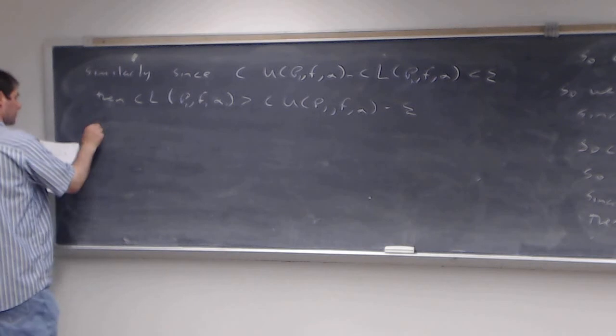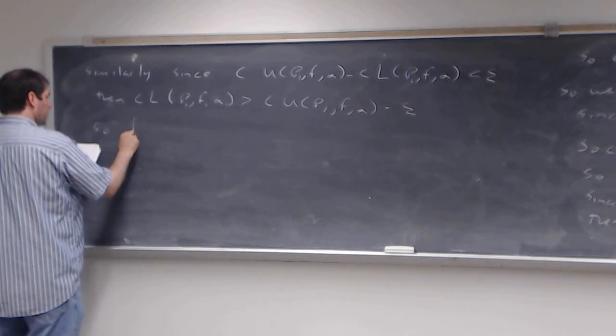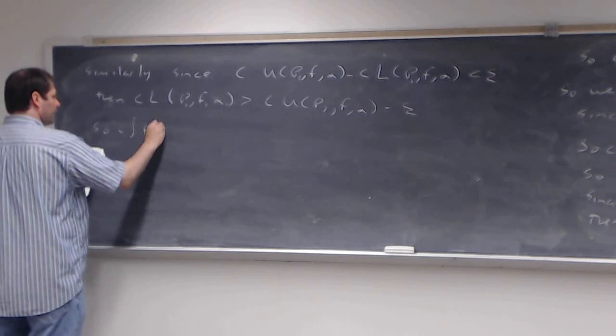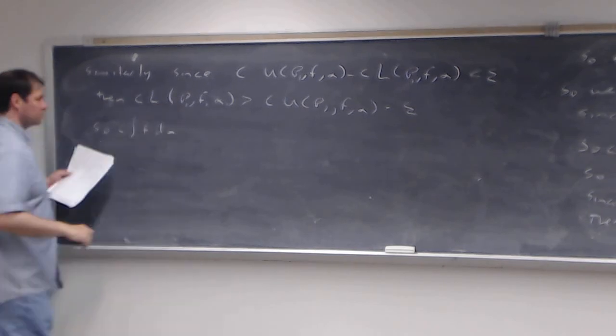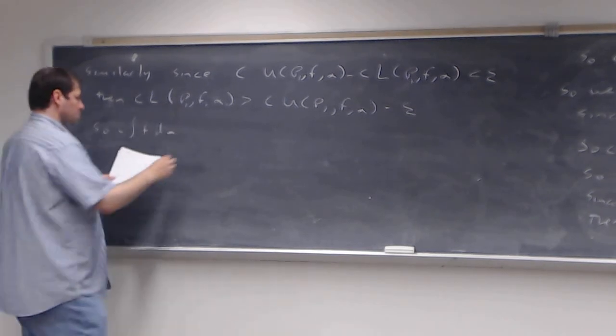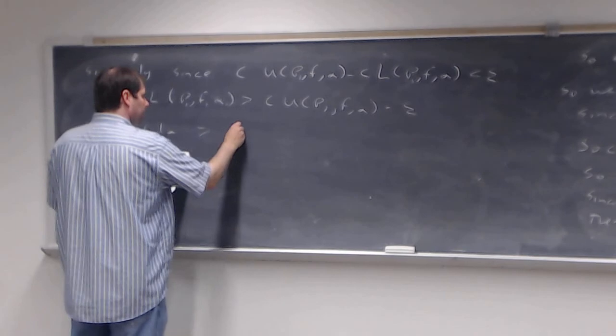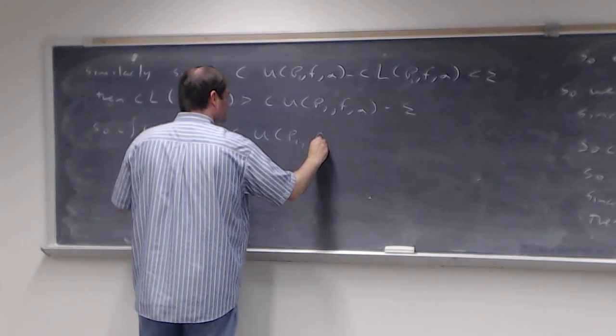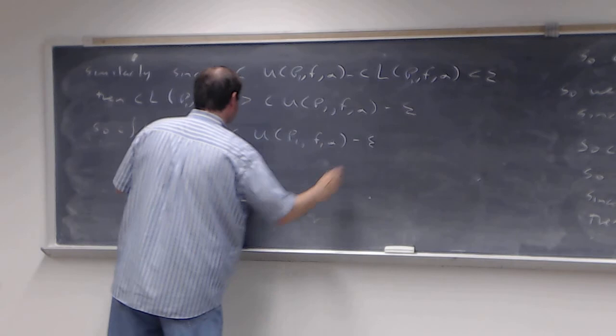Okay, so what this says is that C times the integral of f d alpha, remember the sup of those, so it got bigger, it's going to be greater than C times the upper sum minus epsilon.